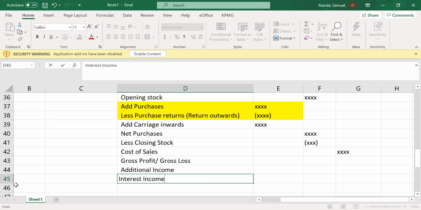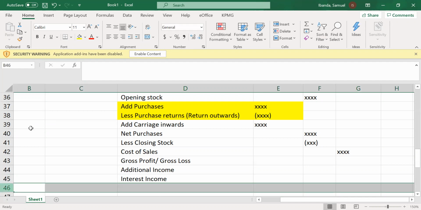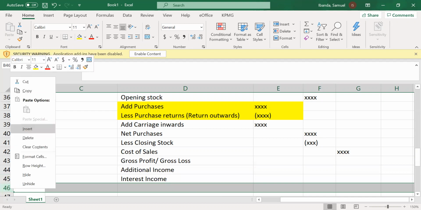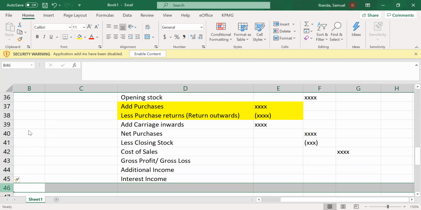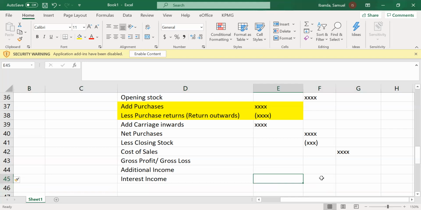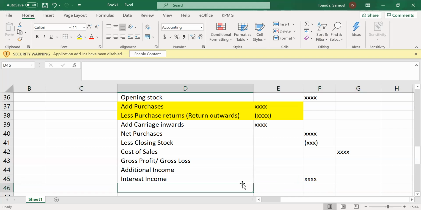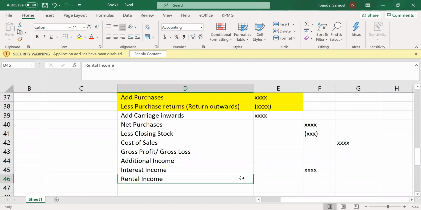If you have, for example, an investment at hand, and that investment gives you interest routinely, that would be interest income. You can have commission, you can have rental income, just in case as a business you have something that you rent out, and many other things.